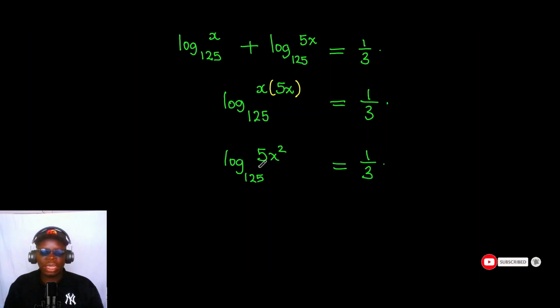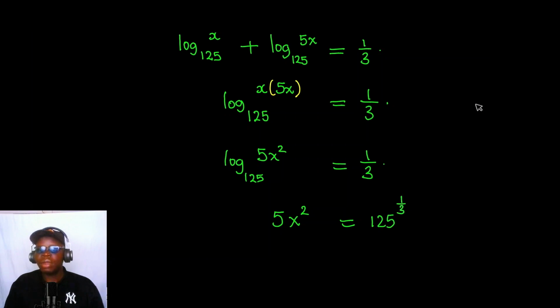To change it into an index notation, we are taking this base to all sides, and if you have taken it to all sides, it will disappear from here, and we'll have only 5x squared equals 125 raised to power 1/3. But remember, 125 can be expressed in an index form.